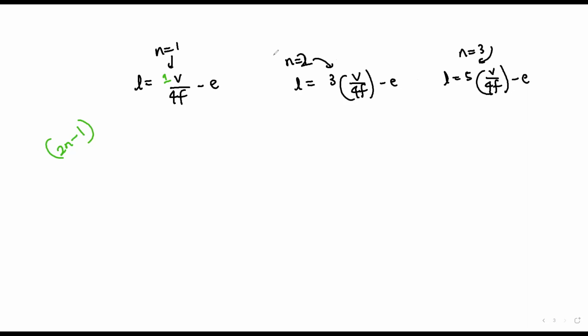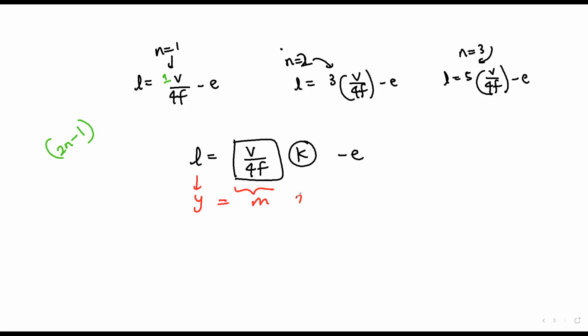So you can say finally, L is equal to K times V over 4F, and you can treat V over 4F as a constant, times K, minus E. So this is y equals mx plus c.